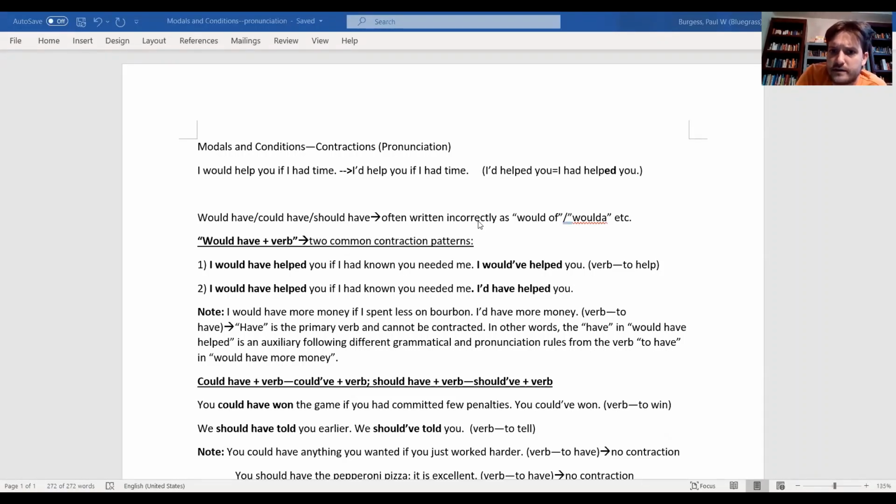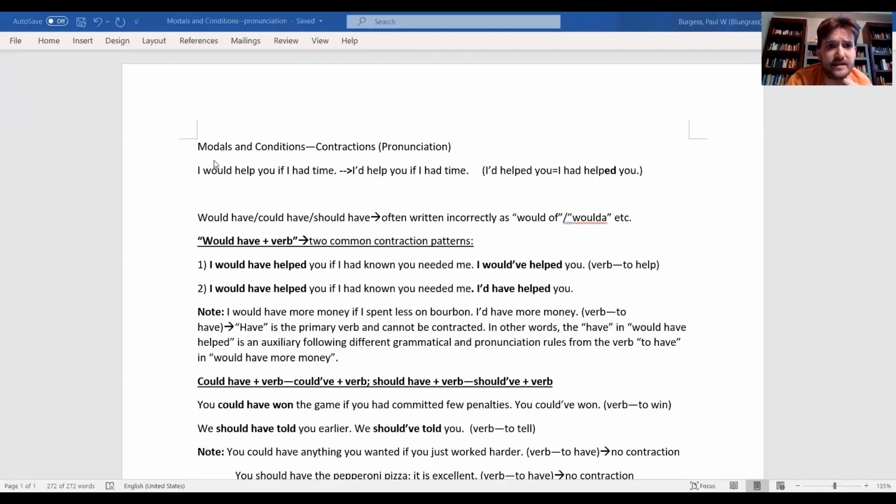I want to talk especially about the pronunciation of them right now, because sometimes people will see these forms and say, I've never heard could have gone, would have been there. But the reason people think they haven't heard those is the way they sound. They're actually very common.